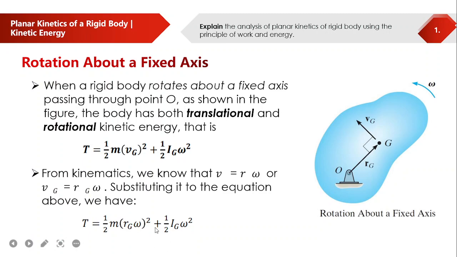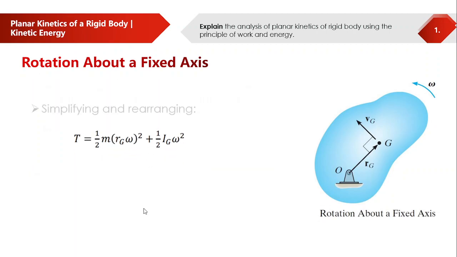Para hindi natin kailangan mag-compute pa sa V sub G, then you can just have the angular velocity, then multiply that one by the R sub G, or the distance from point O to G. So, you can have your kinetic energy na hindi ginagamit yung velocity talaga. Ginamit lang natin dito is yung mass, yung radius, or the distance between the two, O and G, times the angular velocity, tsaka yung moment of inertia. So, walang involved na velocity talaga. We don't have to compute that one using only the angular velocity.